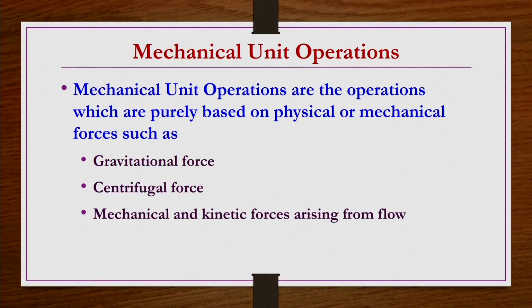The unit operations which are purely based on mechanical forces are called mechanical unit operations, whereas the unit operations where the separation occurs because of the molecular transport mechanism, etc., are taken as separate unit operations, and they are studied in general in a different course like mass transfer, etc. So what are the physical or mechanical forces that in general we encounter? We encounter gravitational force, centrifugal force, or mechanical and kinetic forces arising from flow.